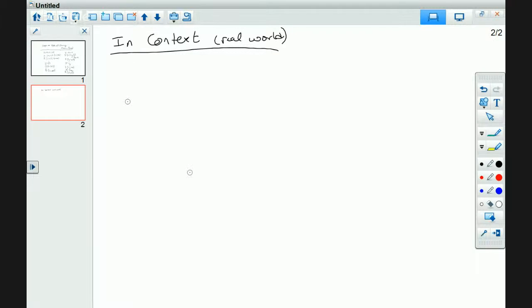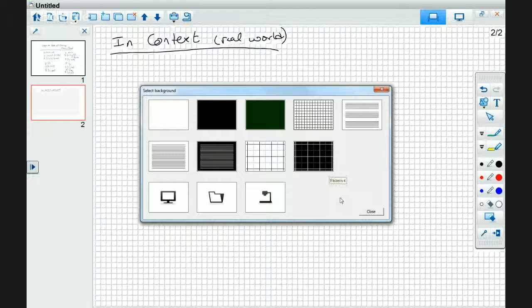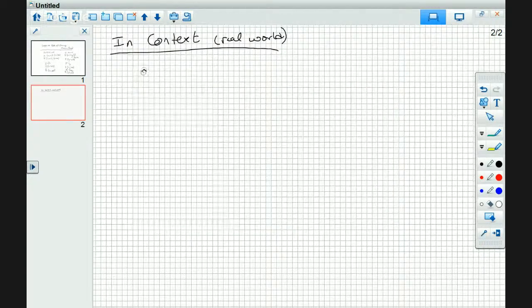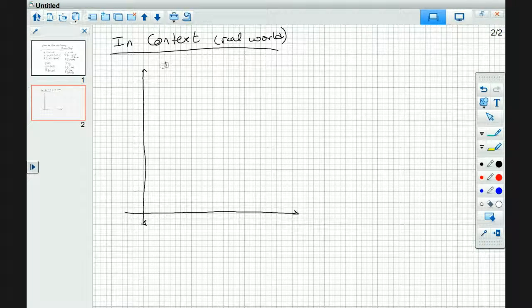Let me give you a graph. We're going to be working on our assignment with the hurricane, so tornadoes play a good parallel for this.